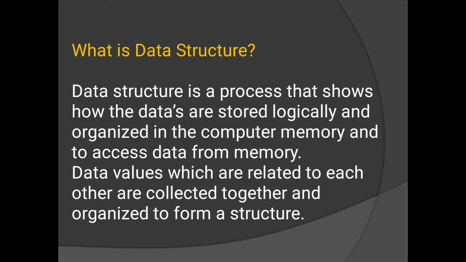The data values which are related to each other, those data which have a similar relationship, are collected together by a single name, and then they are organized to form a structure which is called a data structure.